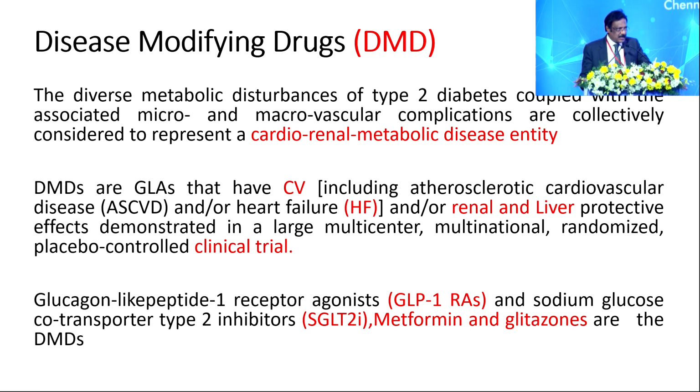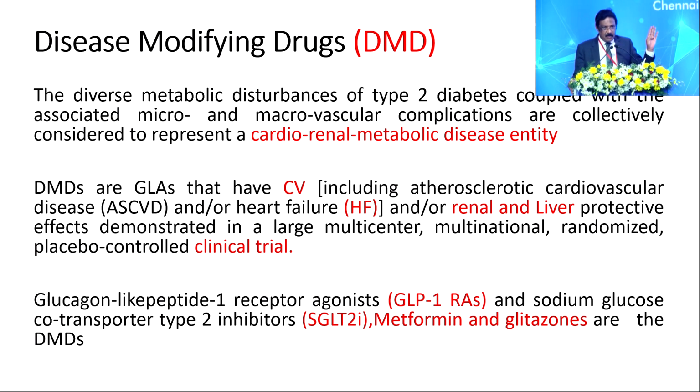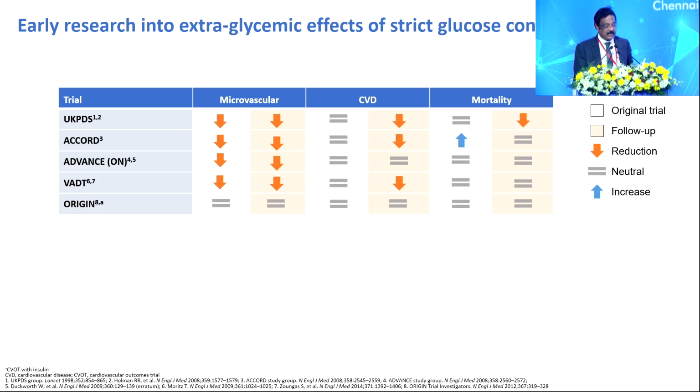The GLP-1 receptor agonists, SGLT inhibitors, metformin and glitazones are the four major drugs in this category at present.